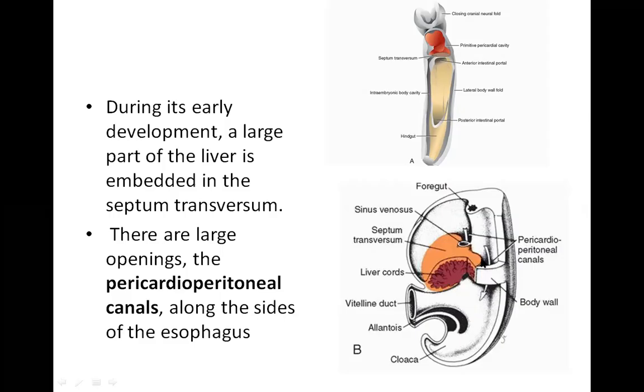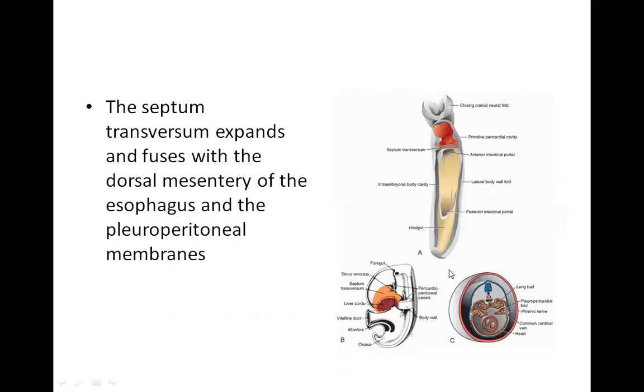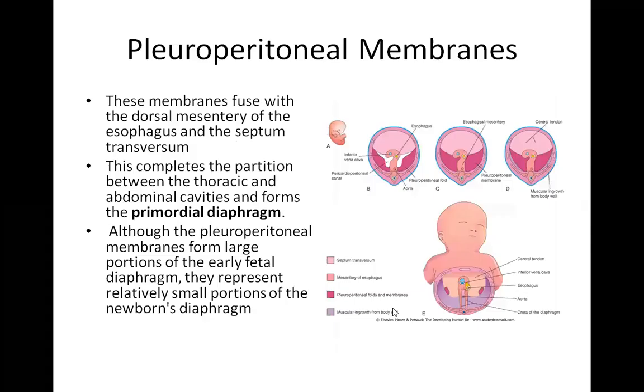So these are the gaps which have to be closed. The septum transversum expands and fuses with the dorsal mesentery of the esophagus and the pleuroperitoneal membranes. The pleuroperitoneal membranes, which were caudal, will seal off the caudal opening of the pericardio-peritoneal canals.